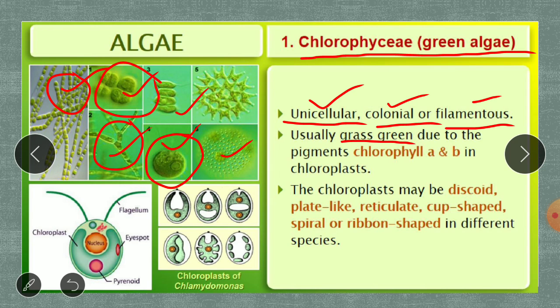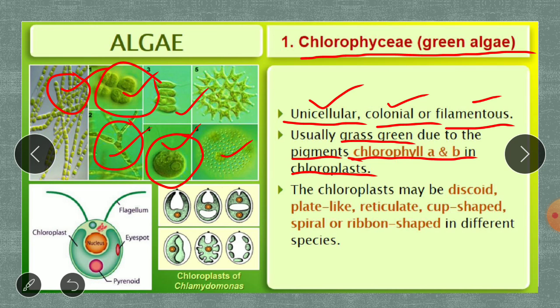Coming to the next point, usually these algae are bright grass green in color, and this green color is due to the pigments chlorophyll A and B. They have these pigments in special cell organelles known as chloroplasts, because of which these algae appear green.